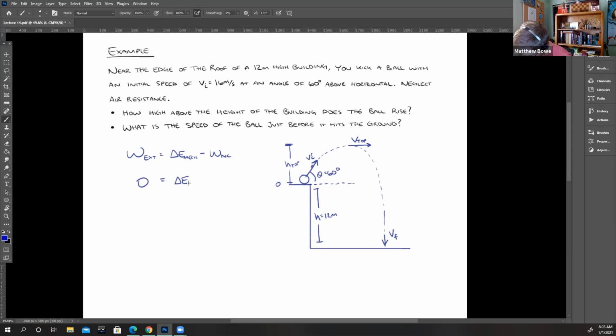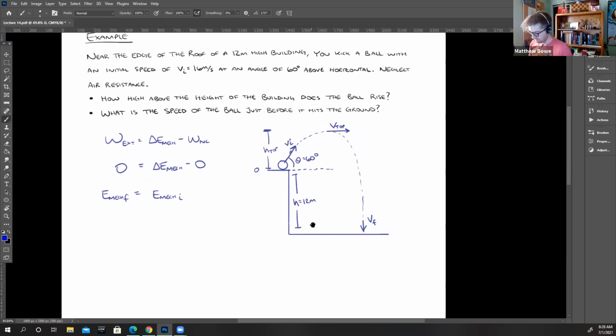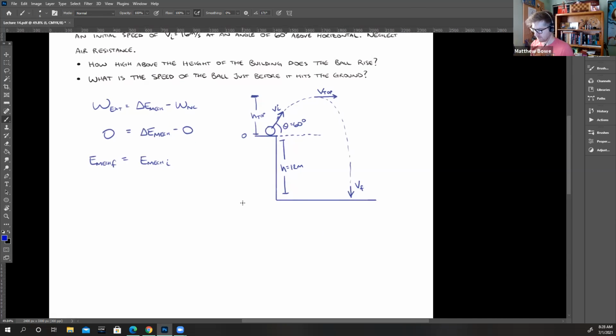Whatever change of energy we have, minus 0, like that. This is final minus initial. So this is just saying that the final mechanical energy is equal to the initial mechanical energy. Let me break this down a bit more.